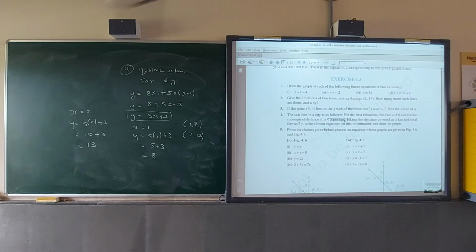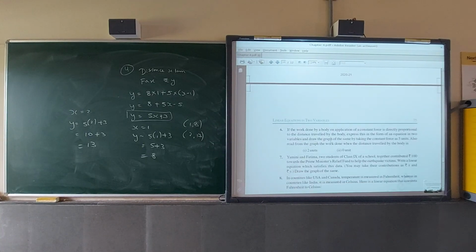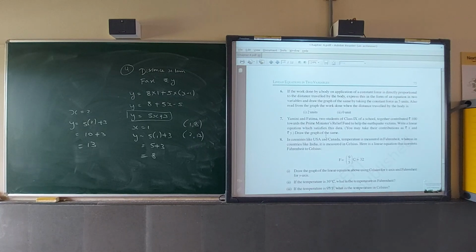Now we move to the next question. Question number 4, 5th we have already done, now the 6th one. If the work done by a body on application of a constant force is directly proportional to the distance travelled by the body.